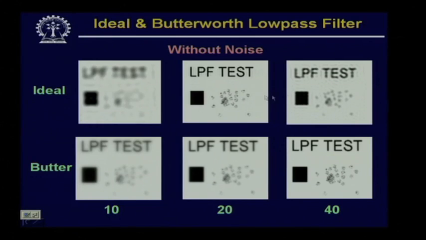Here you find, as the top row shows, that if I use the ideal low pass filter for the same cutoff frequency, say 10, the blurring of the image is very high compared to the blurring introduced by the Butterworth filter.